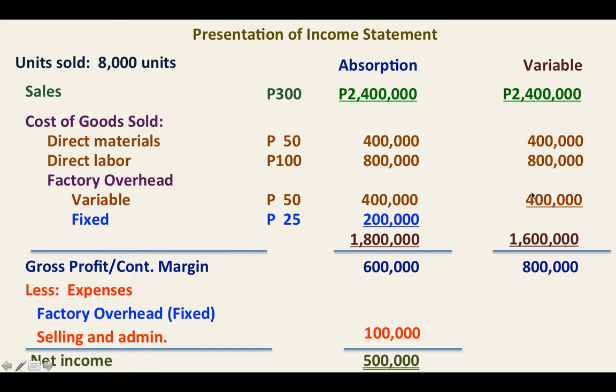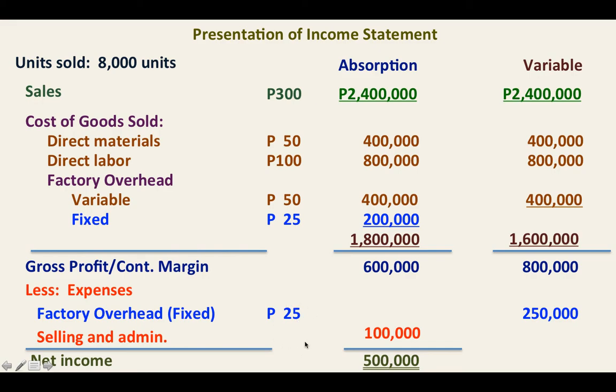But under the variable costing, itong fixed ay lahat, okay, na na-produced. Ang na-produced ay 10,000 units. So, yung 25 will not be multiplied by 8,000 units, pero yung total production. And that will be presented as period cost.